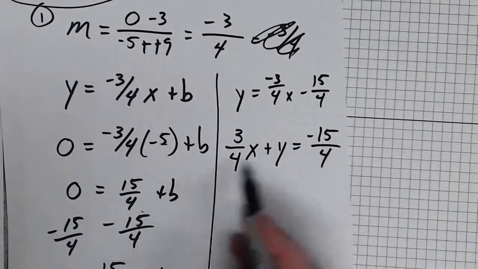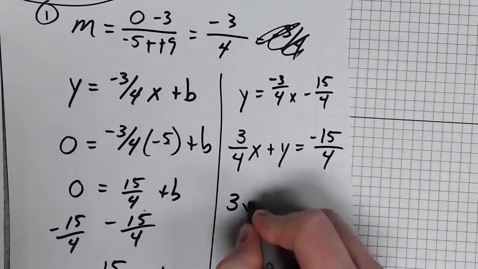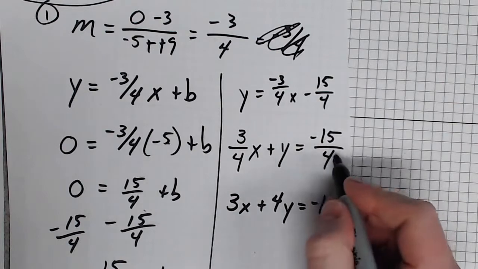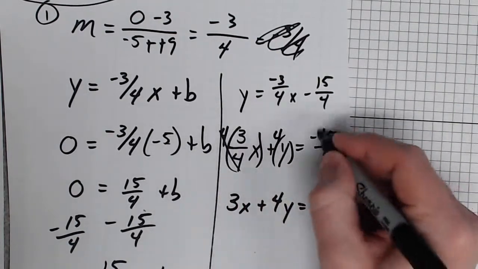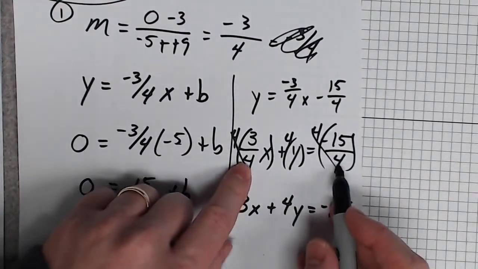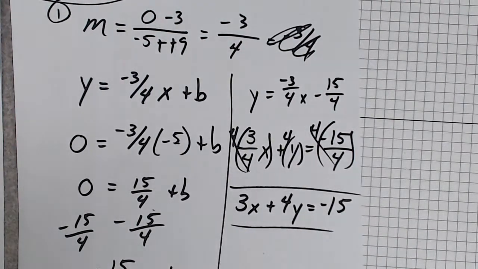Now Hawks doesn't like you to put fractions in here for some reason, so I'll multiply everything by 4. If I multiply everything by 4, it'll kill off these 2 denominators, but I still have a 4y there. So there would be my standard form equation of a line.